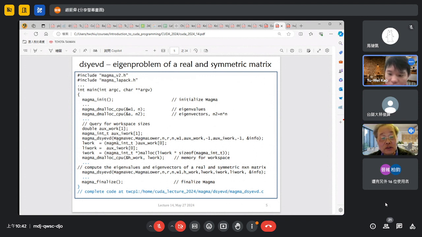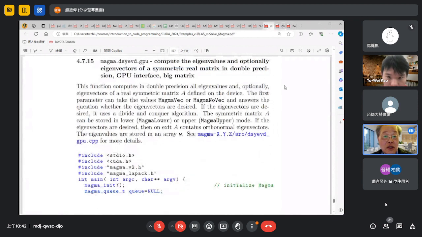You see, information is obtained here, and then this information has to be passed over here. I have to look up the manual. You see, on the same page, the first parameter can take the values of this or this.